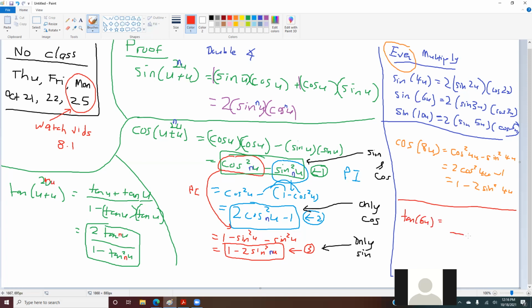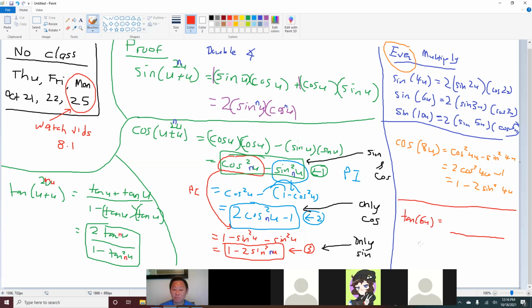David? Would it be 2 tangent 3u over 1 minus tangent squared 3u? Yep, that's correct. Make sure you guys know this. This double angle formula can be used for any even multipliers.